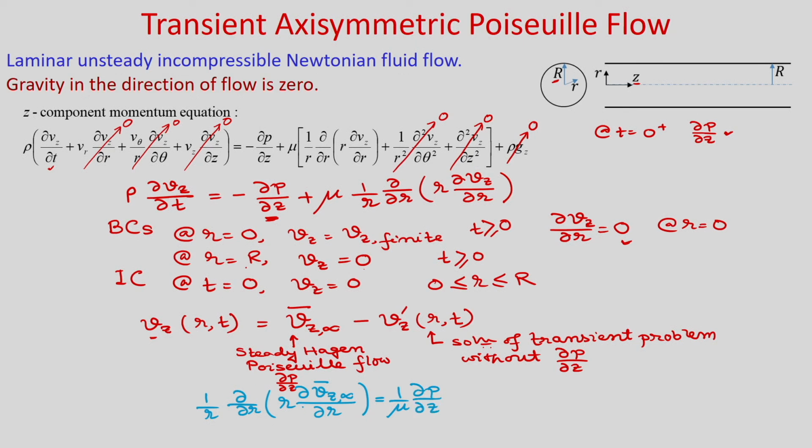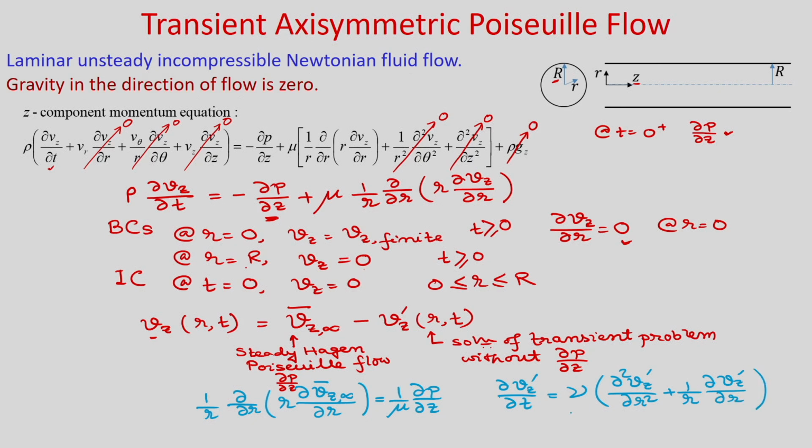So, this is one problem, and you will get the solution and you can find Vz infinity. And this problem, if you substitute, you will get another governing equation, that is del Vz prime by del t is equal to nu times del 2 Vz prime by del r square plus 1 by r del Vz prime by del r.